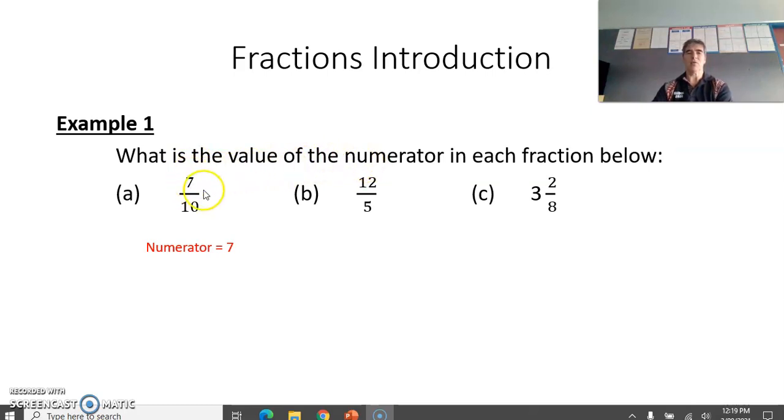So up the top, the numerator is the 7. If we have a look in our second fraction, the 12/5, again, the numerator is the one up the top, so that must be the 12. And if we have a look at our mixed numeral over here, again, here's our fraction part. The numerator is the number up the top, so the numerator is 2.